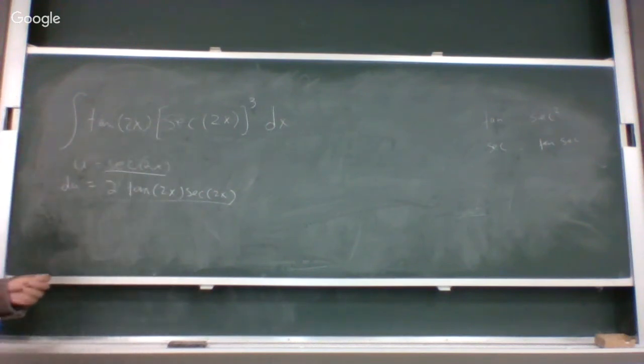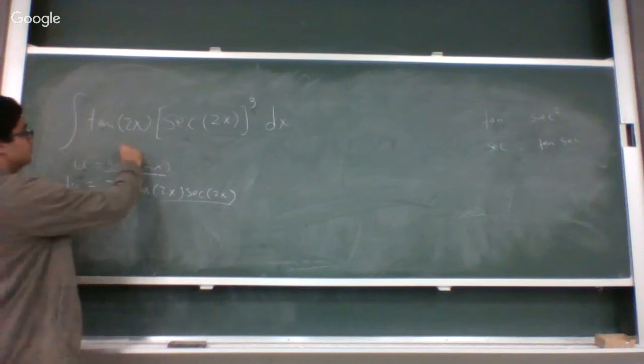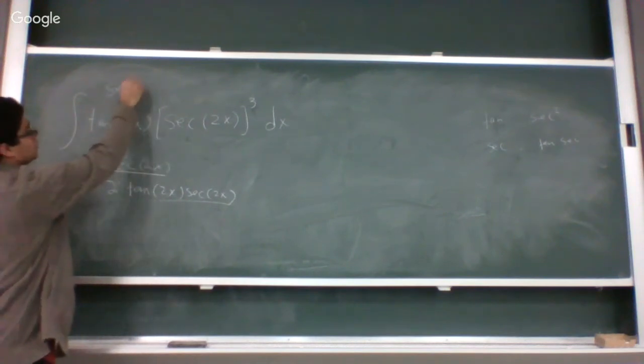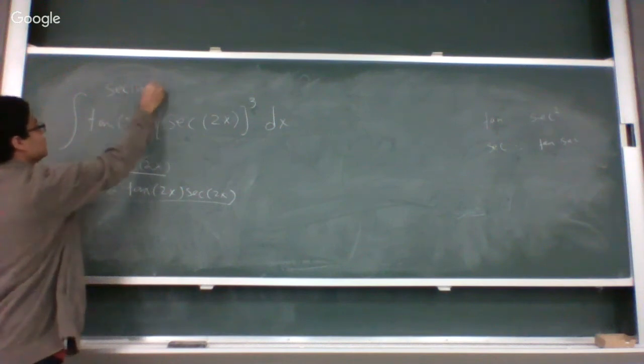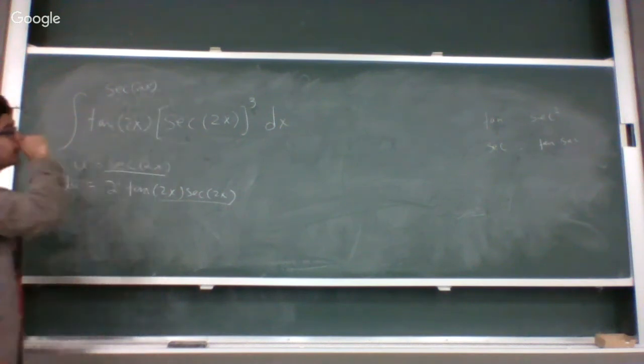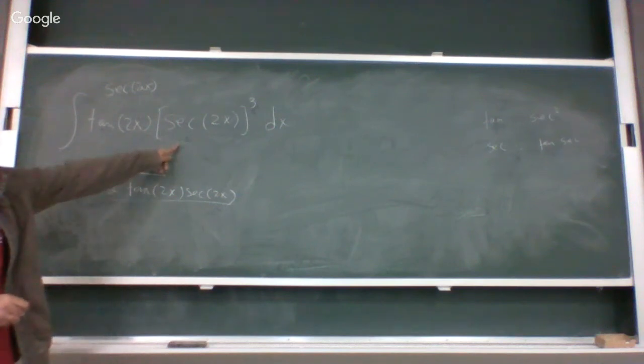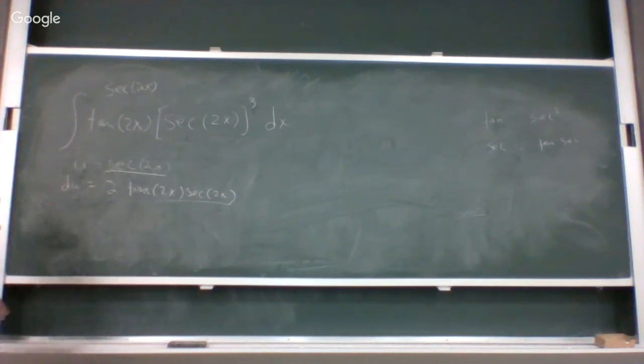Our u was secant of 2x. Do we have a du in this problem? Well, you should always sort of ignore the coefficient because we can always multiply it by 1/2 or something.